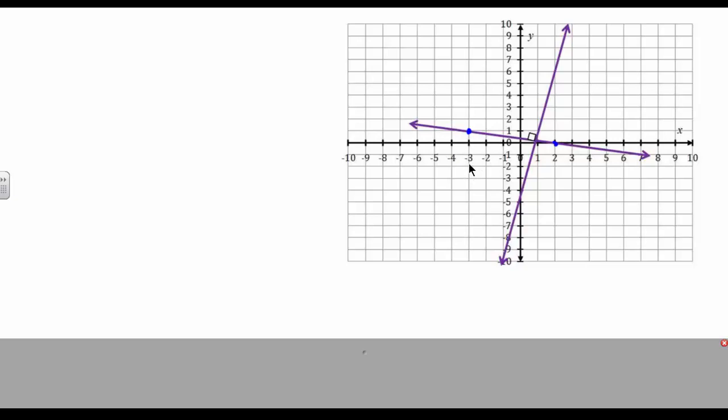And if I go down and over, you'll notice going down and over in this case, it appears that we're going down 1 and over 5. So my slope for this line, m, is equal to -1/5 here.